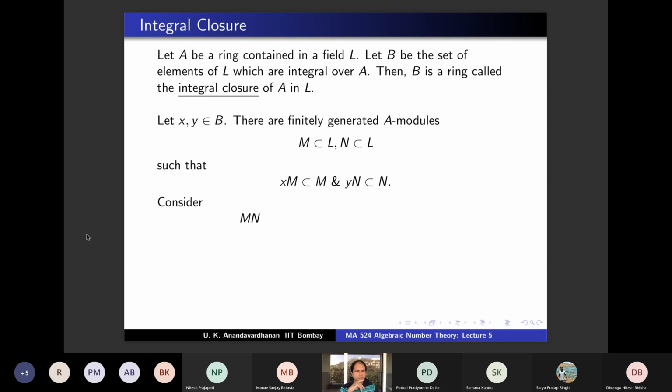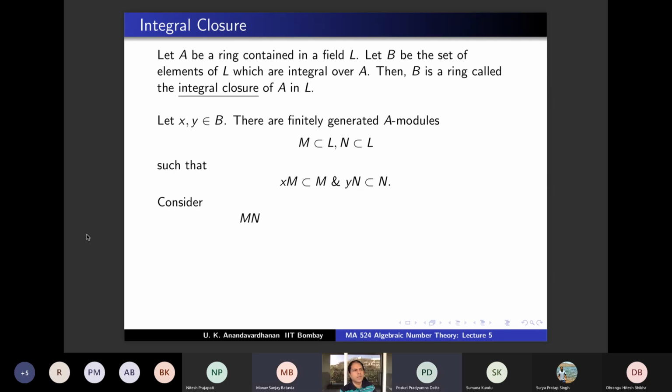But can you make sense of this here? Suppose I want to define a product. Module is like an ideal, no? So how do you define the product IJ, where I and J are ideals?